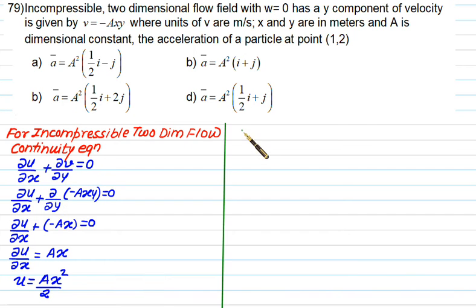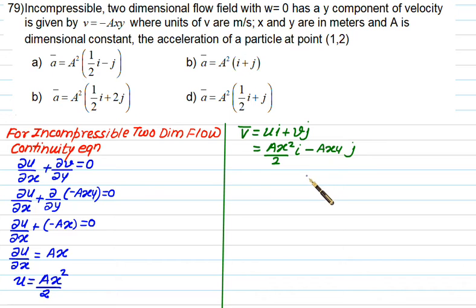So this time we have velocity vector V bar is equal to ui plus vj, which is equal to ax square divided by 2 i plus v component is minus axy. That is, we have velocity vector is ax square by 2 i minus axy j.